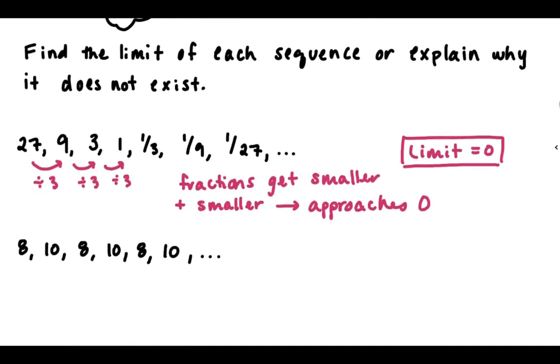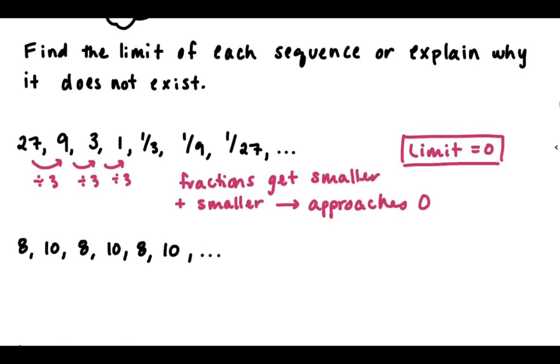Next sequence, 8, 10, 8, 10, 8, 10. The question is, are we approaching a single number here? We can see that we're bouncing between 2 numbers, so we're not approaching a single number.